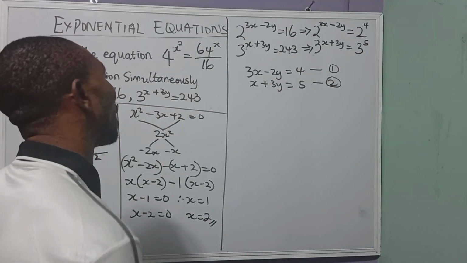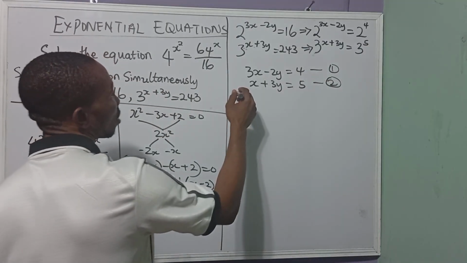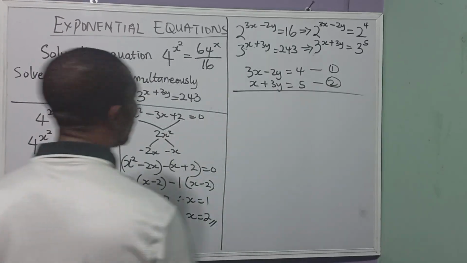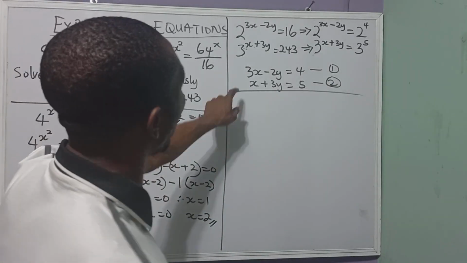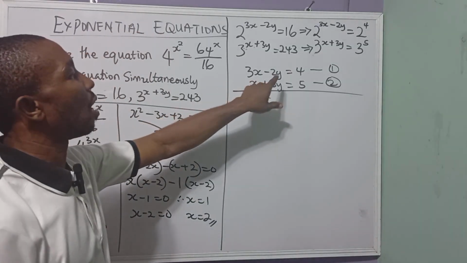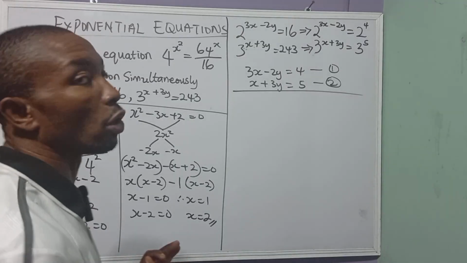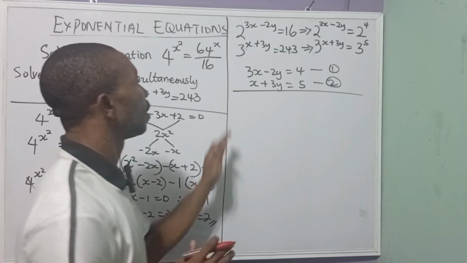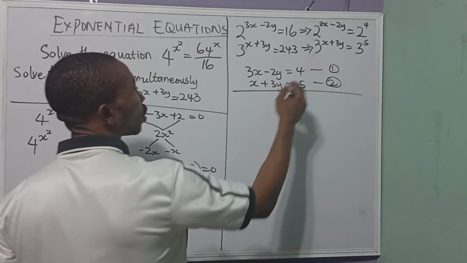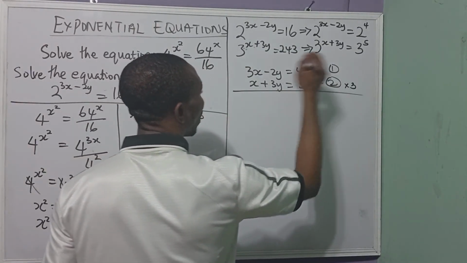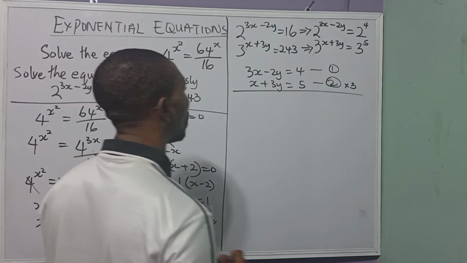Now we can start solving this simultaneously. First of all, we are going to equate either our x or our y. In this case, I am going to equate our x, so we multiply equation 2 by 3.